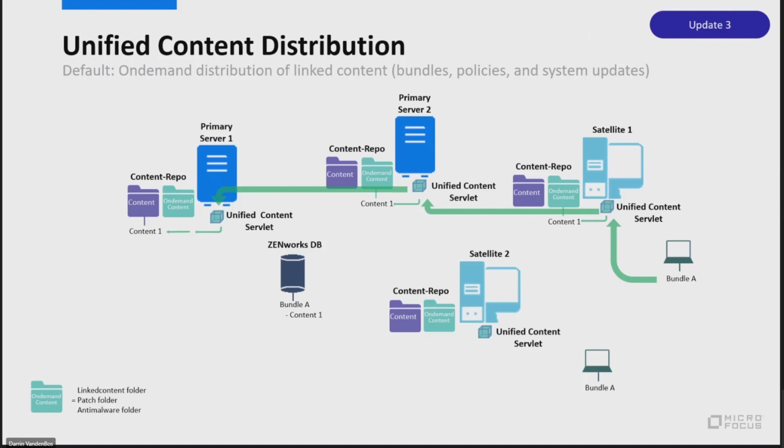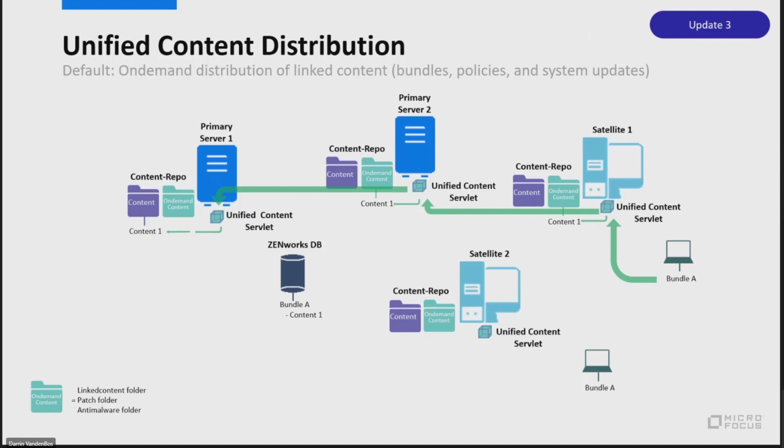If you want to be more aggressive, you can say, okay, if satellite 1 requests content for a managed device on November 1st, and I only want to keep it around 15 days, and if by November 16th another device hasn't contacted satellite 1 for that same content, that content will be cleaned up from satellite 1 so that it's not taking up space.